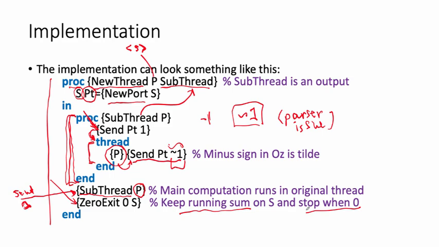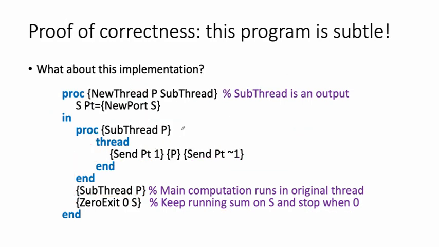Is this definition correct? We will have to reason about that. Notice there's some subtlety here. The send of +1 is done before the thread creation, and the send of -1 is done inside the thread. Is it correct? Who knows? Here's another version.